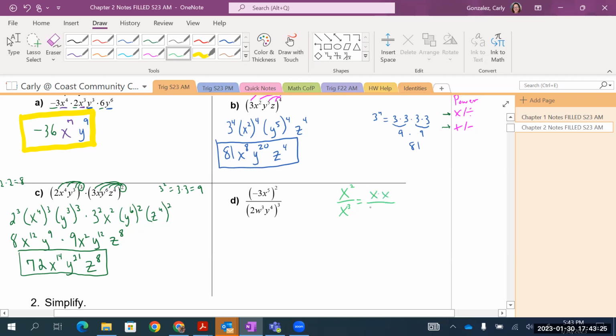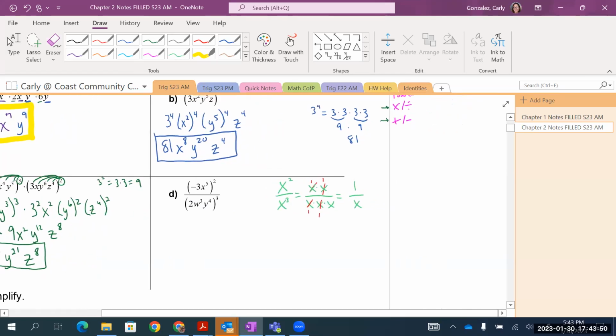X times x up top, x times x times x on the bottom. So here our x's will cancel out because x divided by x is just 1. And another one will cancel out. We get 1. And we're left with just an x on the bottom. So we keep the 1 as a placeholder up top.